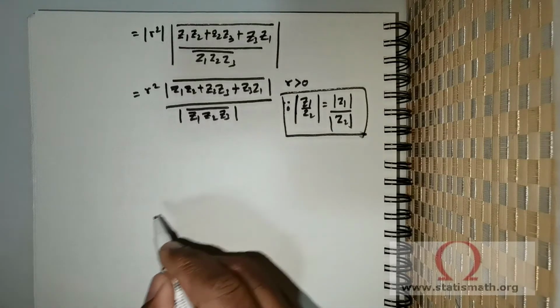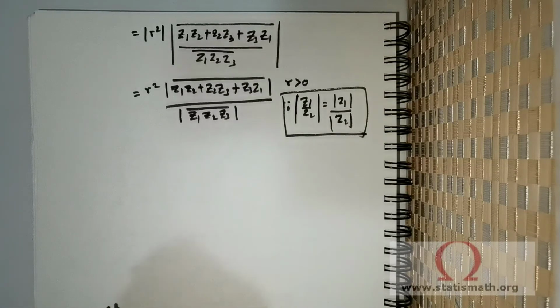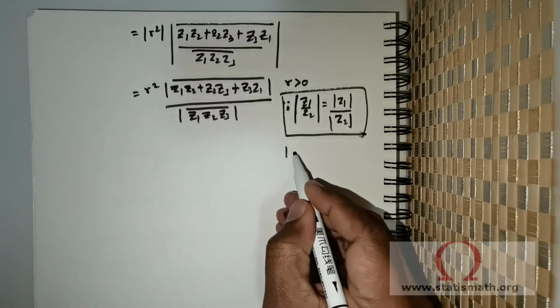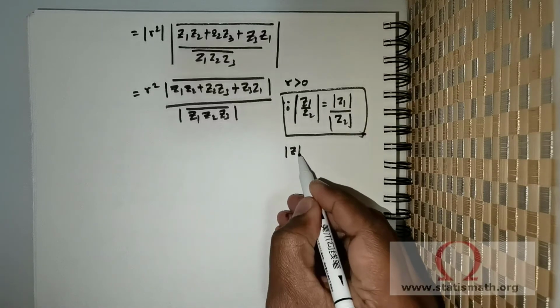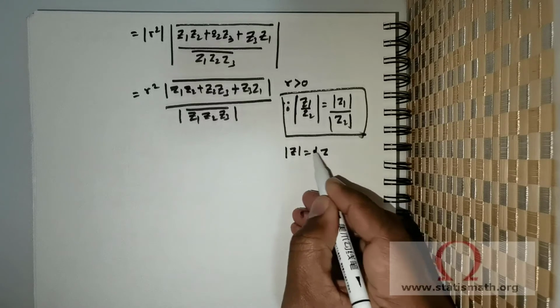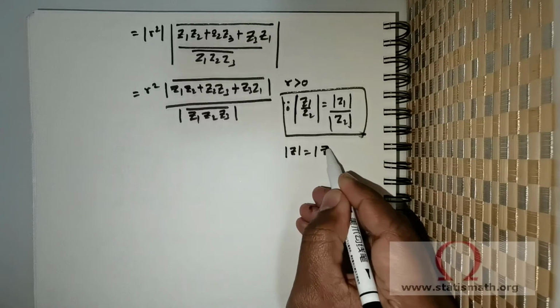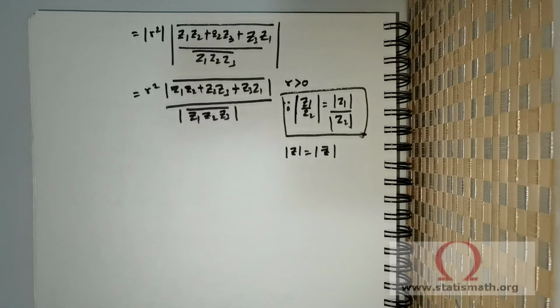But you have to know a very important property. So what is that? Now we know that the modulus of z is same as the modulus of its complex conjugate.